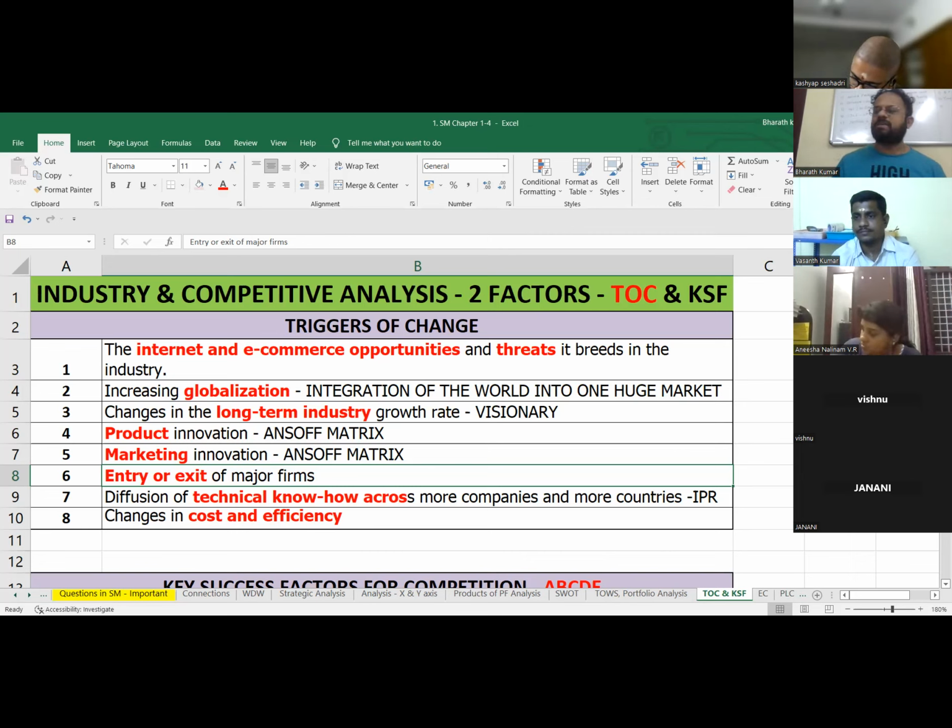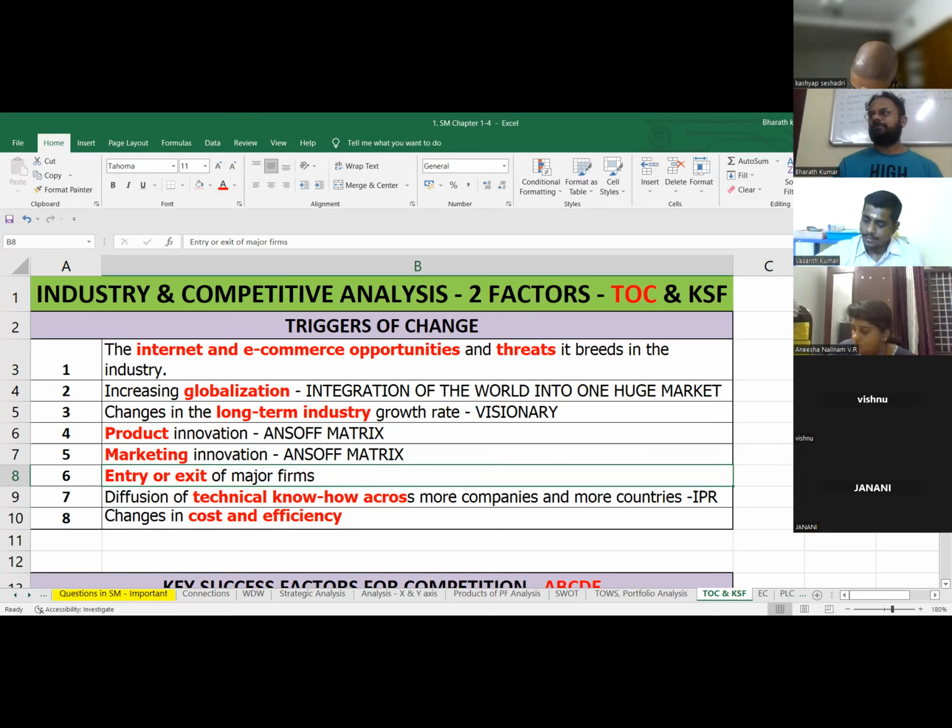What did Ansoff tell? Four things he told: market penetration, market development, product development, diversification. Now they say product development. Market is same. Existing market, new product. Correct? Product innovation. So 5th point, right?